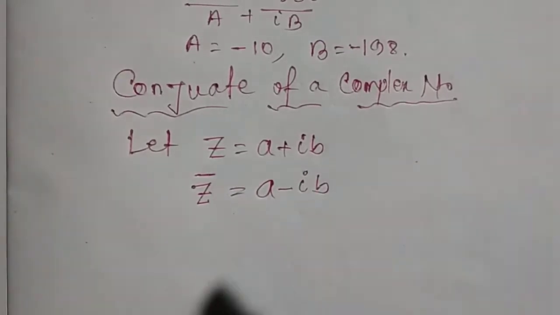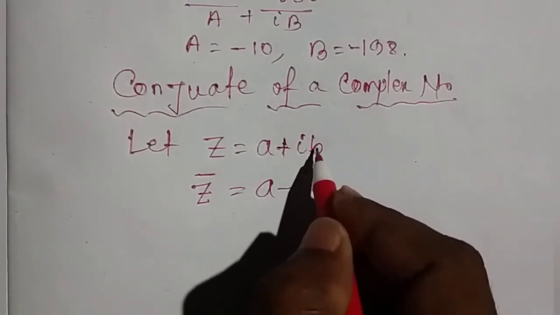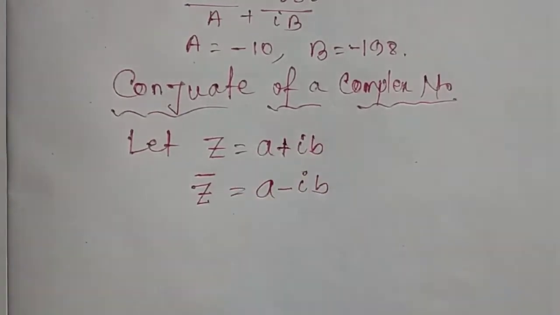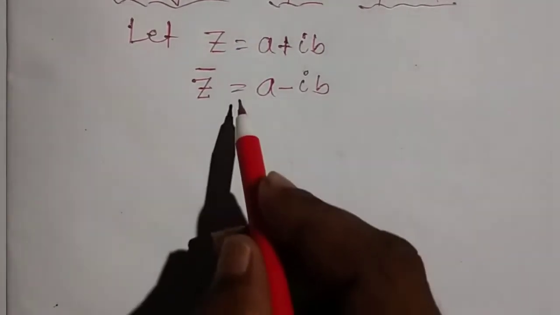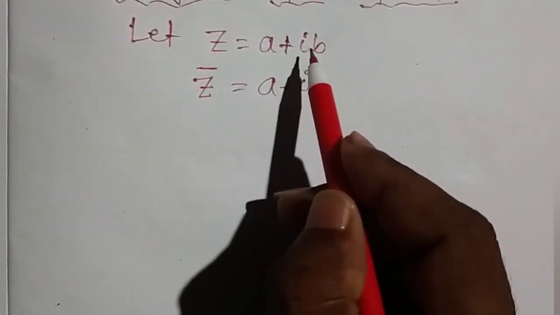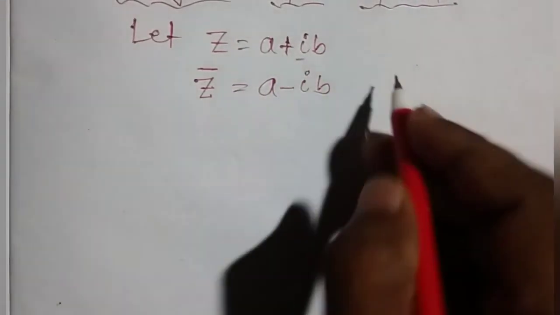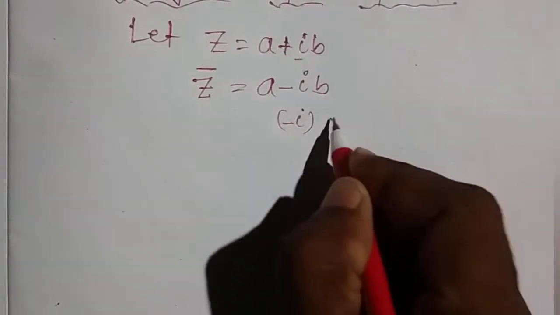Understood? So always change the sign before i. It follows from the definition that the conjugate of a complex number is obtained by replacing i with minus i.